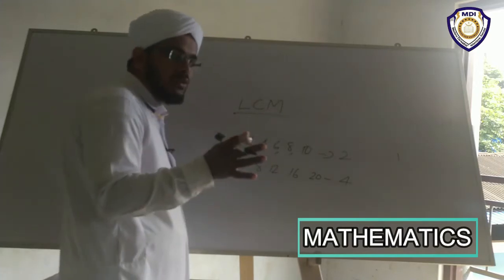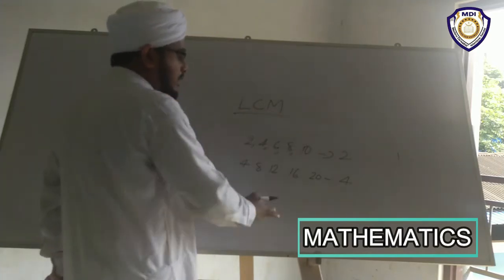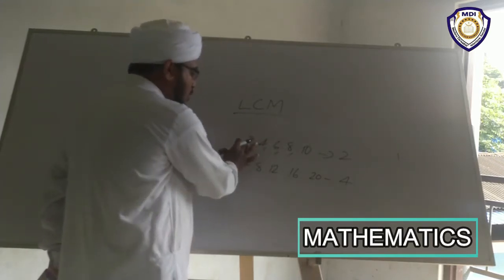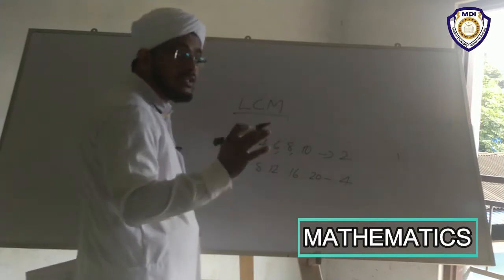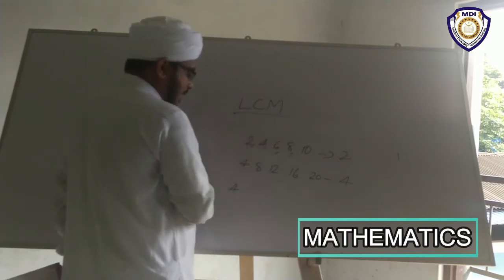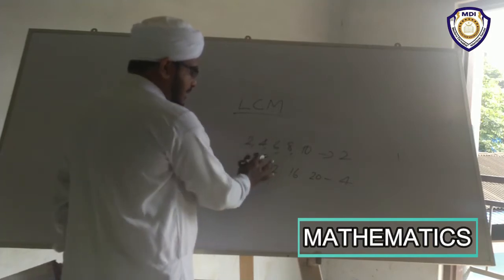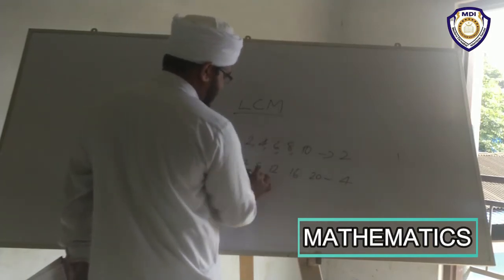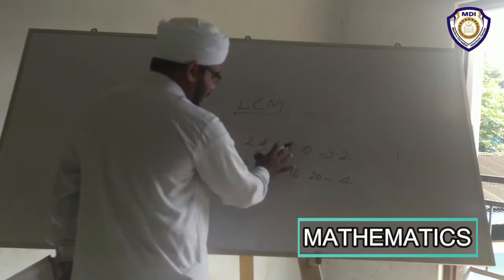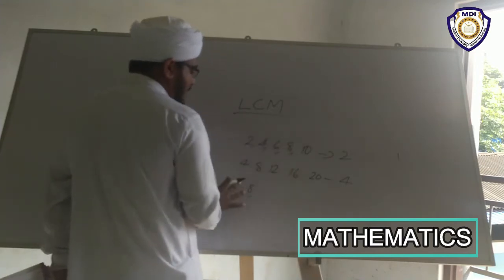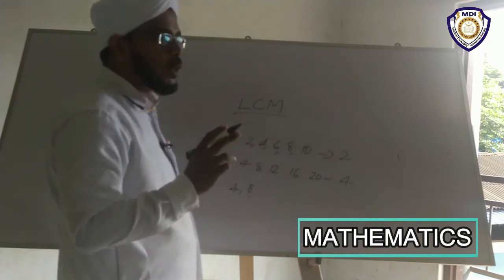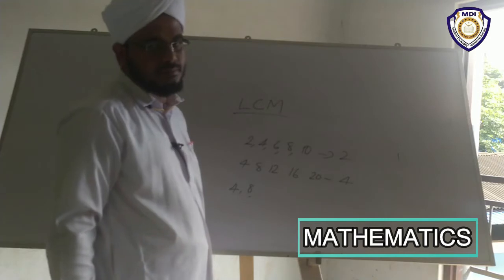First, let us find the common multiples of 2 and 4. 2 is not a common multiple. 4 is a common multiple. 6, no. 8, yes, it is a common multiple. 10, no. So 4 and 8 are the two common multiples of 2 and 4.